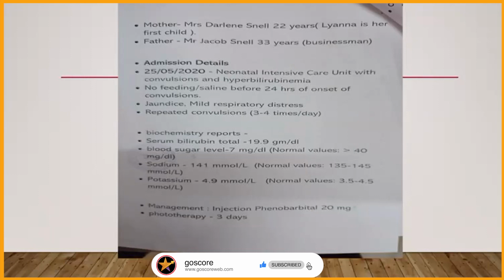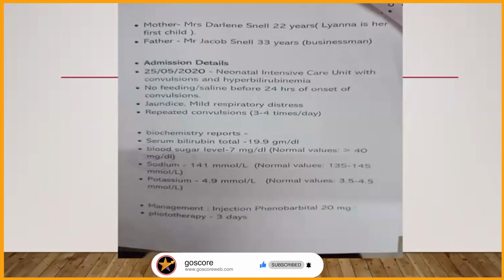Yeah. So what about the biochemistry reports? What are elevated? Tell me. Serum bilirubin, sugar, and blood potassium. As I told you, if you want, you can write.